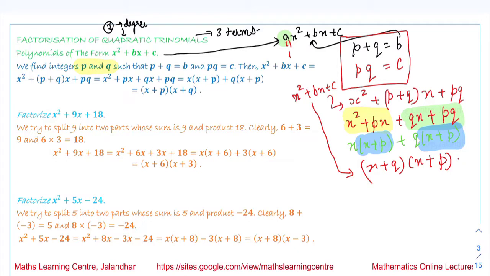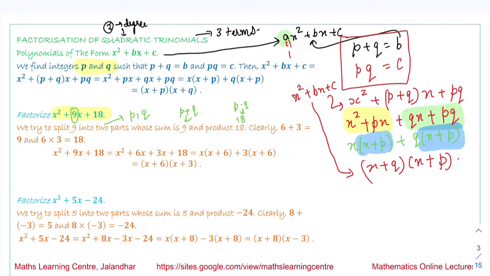In the first example we are talking about x square plus 9x plus 18. We want to split this number 9 into two parts, p and q, so that the sum of p and q is 9 and the product of p and q is 18.